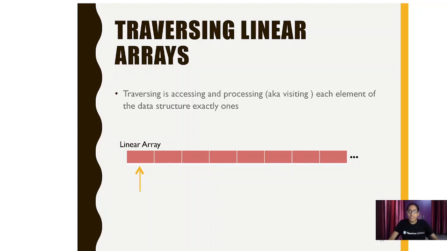To traverse an array means to access each element stored in the array so that the data can be checked or used as part of a process.